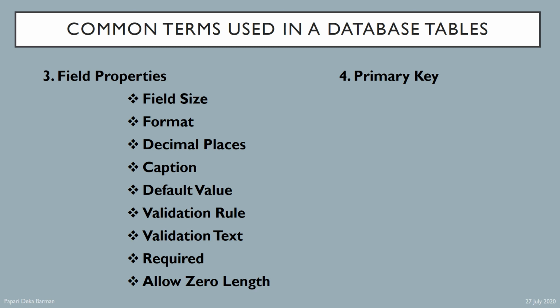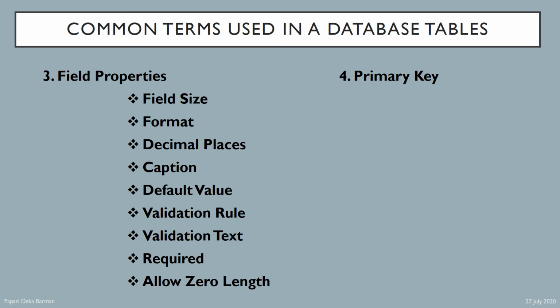Any kind of format you can allow in the table, like date and time. There are 3 types of formats, like date, month, year, or month, date, year. So you can allow any of the formats.